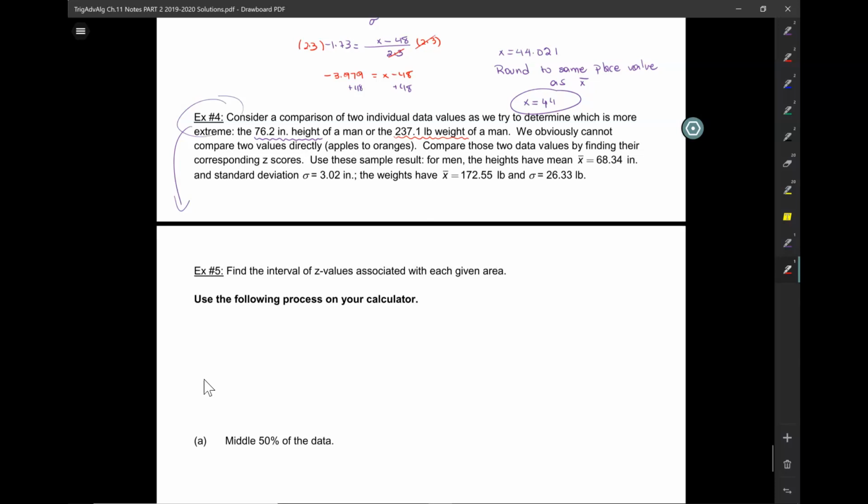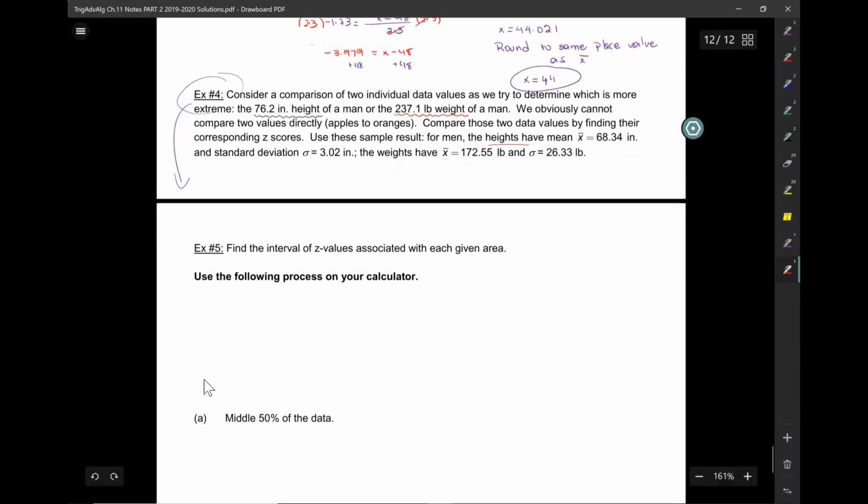So here we are given some samples. For men, the heights have a mean of 68.34 inches, and the standard deviation is 3.02 inches. The weights have a mean of 172 and a standard deviation of 26.